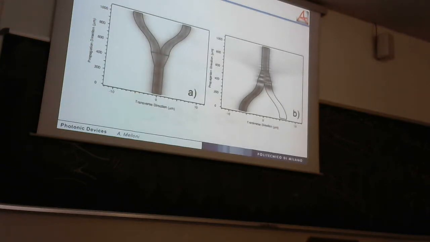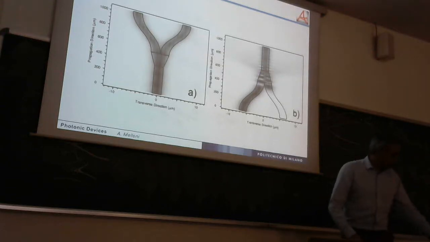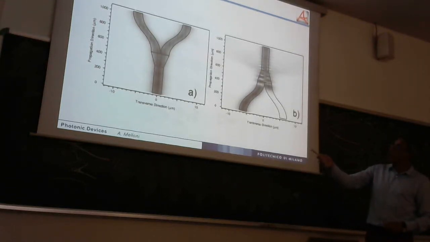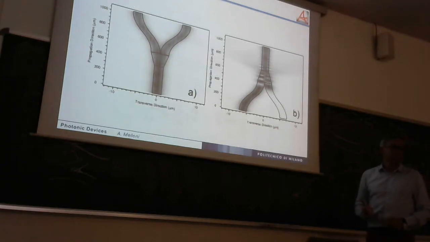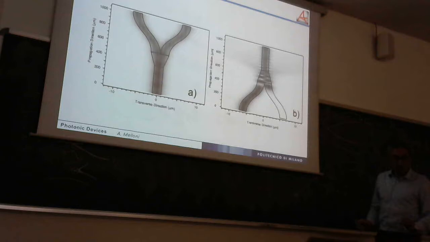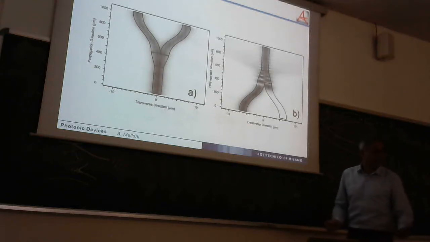So you enter with one on this side, you exit with 1/2 and 1/2. You enter with one on this port, you get 1/2 and 1/2 lost here. So the circuit description is correct.